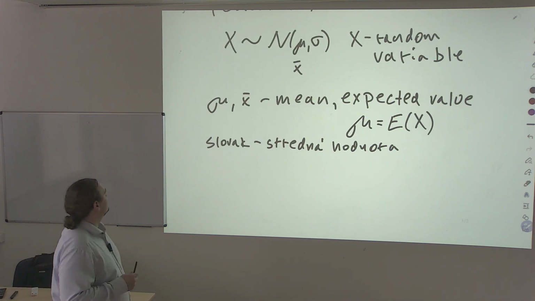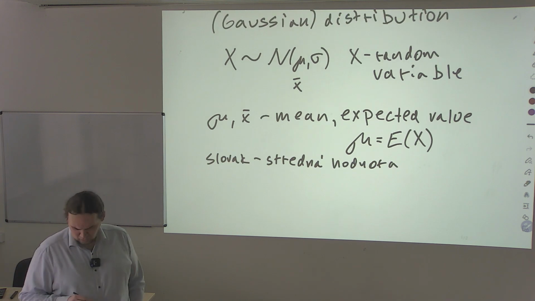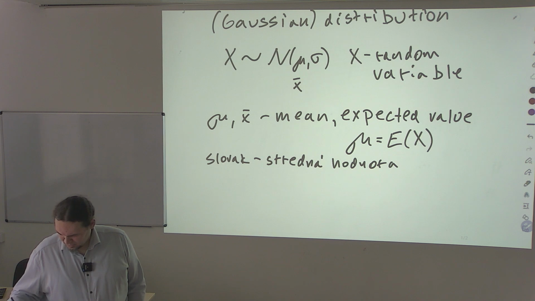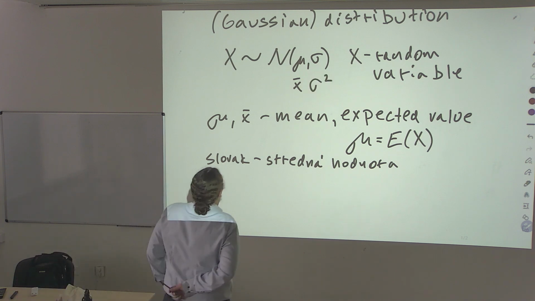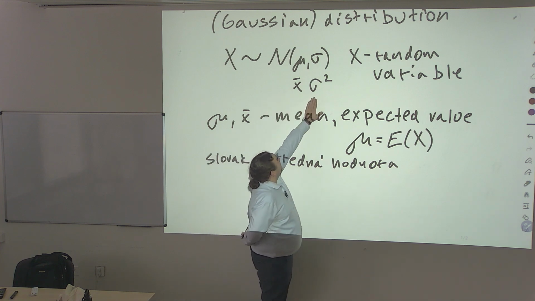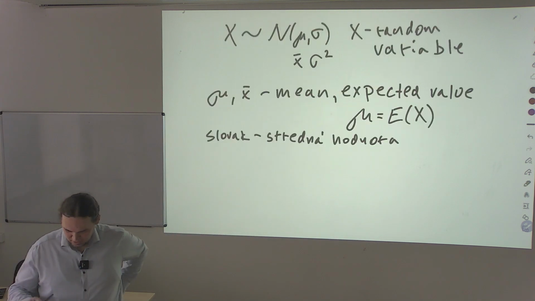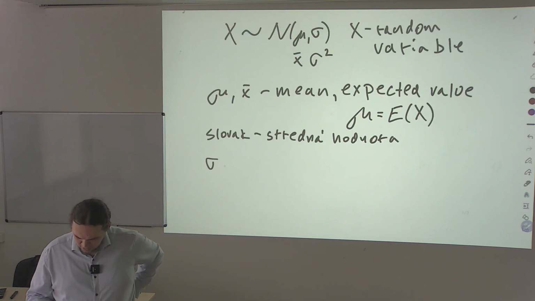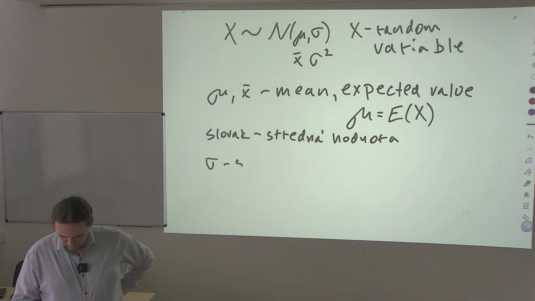Good. The second mysterious term, and a note: people usually use either sigma square or sigma, and we'll see the difference. Sigma is what we call the standard deviation.